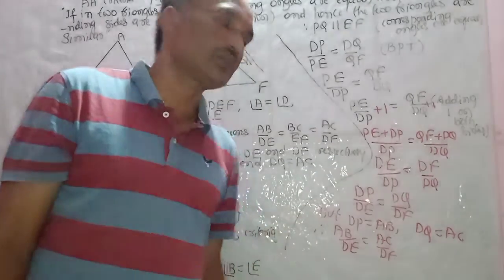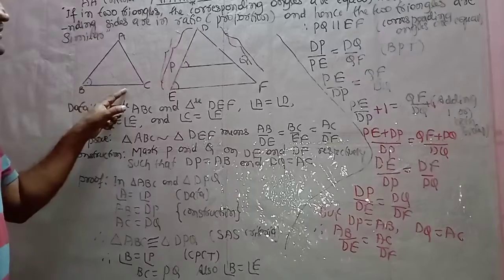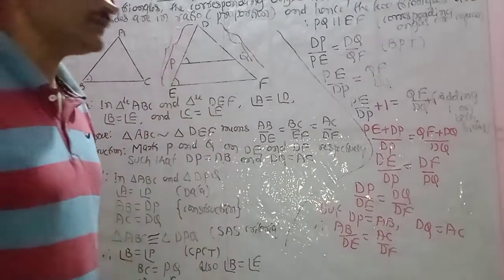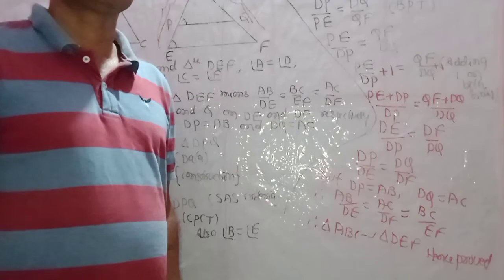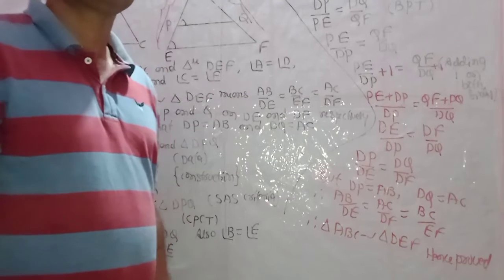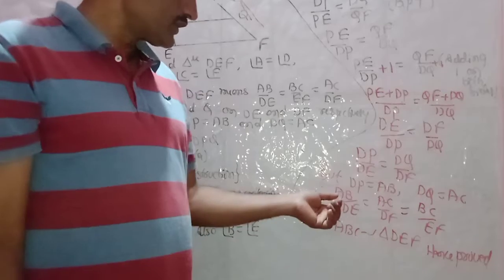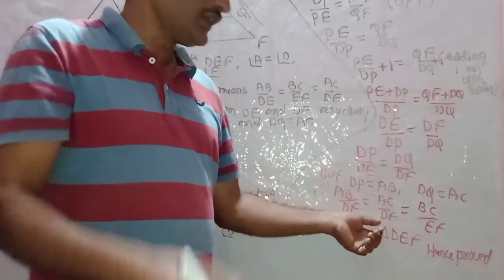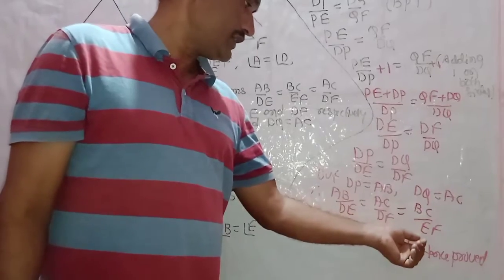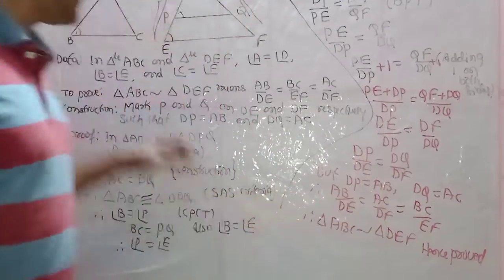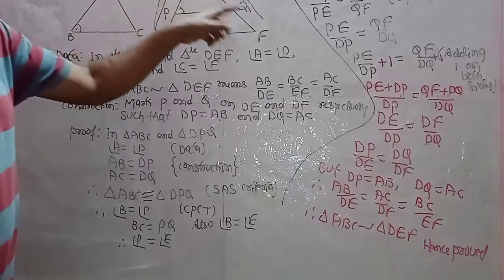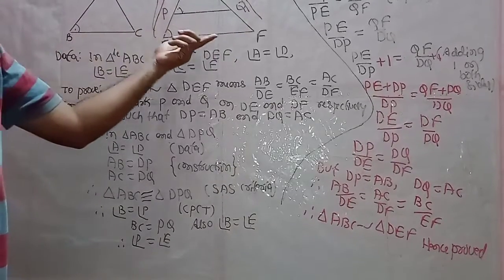But also, dear student, we can say BC divided by EF similarly. Up to now we proved that AB divided by DE is equal to AC divided by DF. Similarly, we can prove this is equal to BC divided by EF. So look here, AB divided by DE is equal to AC divided by DF is equal to BC divided by EF.